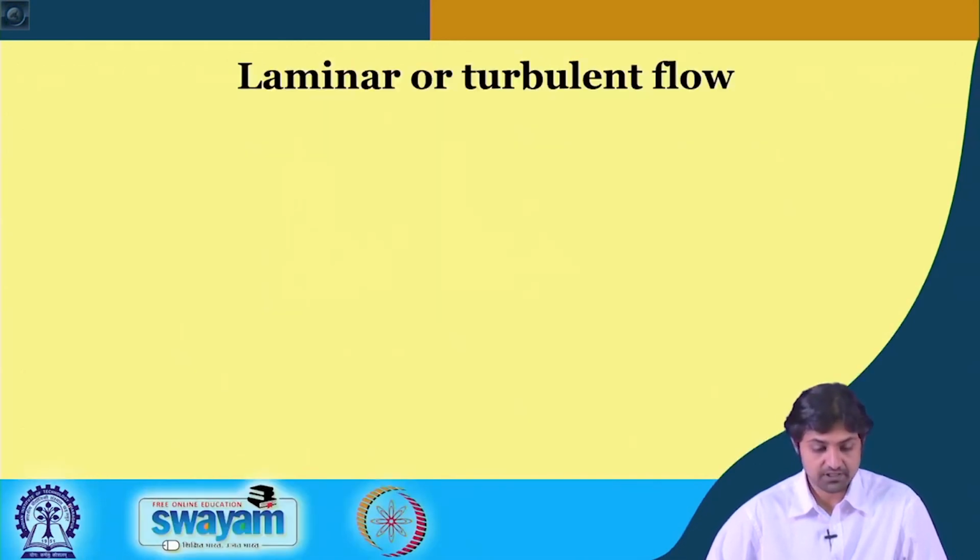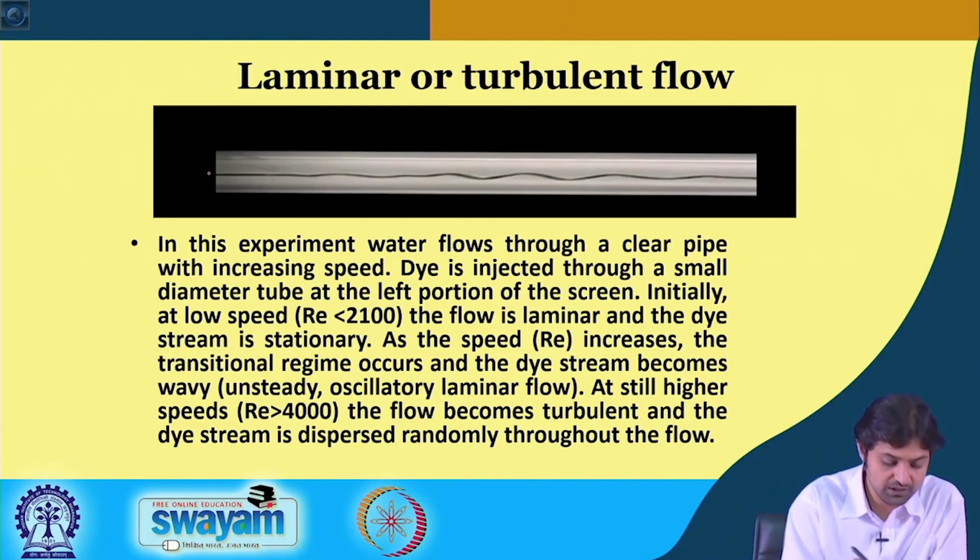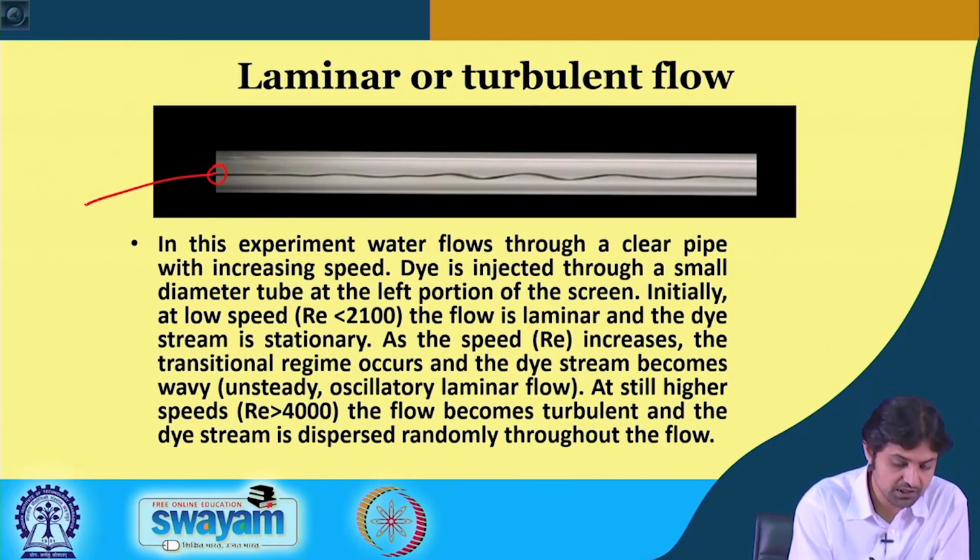In this experiment the water flows through a clear pipe, and the speed has been increased in steps. Initially the dye is injected through a small diameter tube at the left portion of the screen. So, from here the dye has been injected.